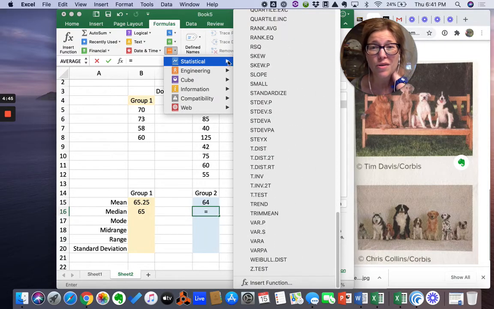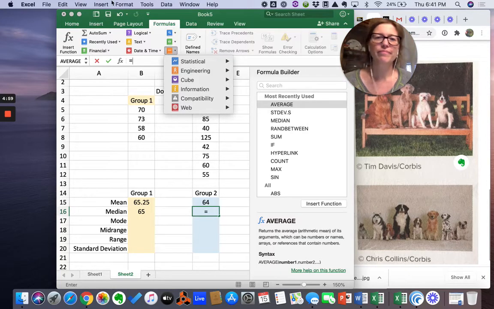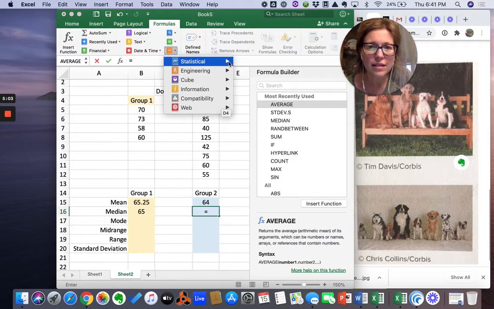You could also go on the internet and just Google, how do I find the mean on Excel? And I'm sure it'll pop up. Type in average. So we want median.